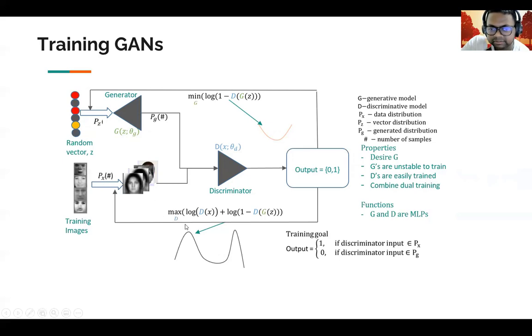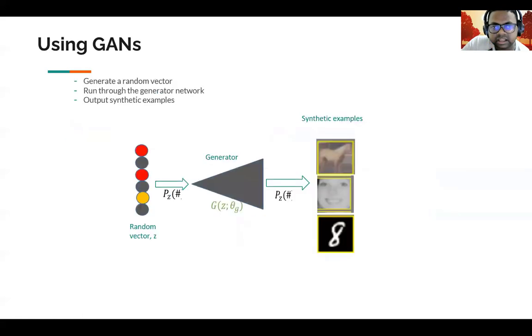One comes directly from the data, which is log D(x), and then log(1 - D(G(z))) is the other training, where the discriminator tries to adversarially affect the training of the generator and ensure that it gives an adversarial reaction to the generated training. So this game between the generator and discriminator is the crux of generative adversarial networks.